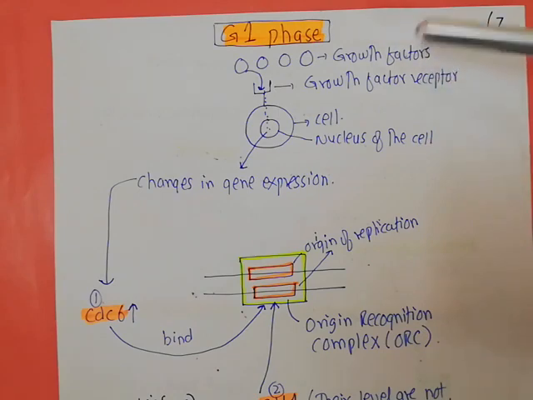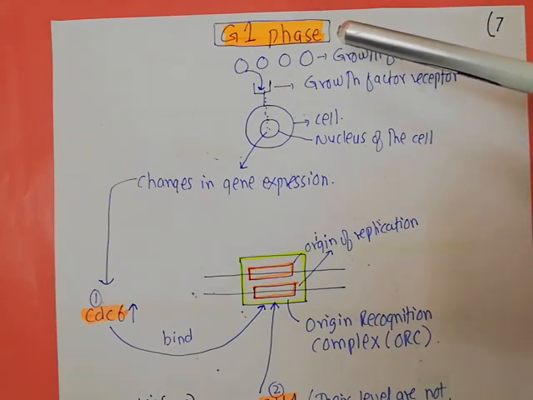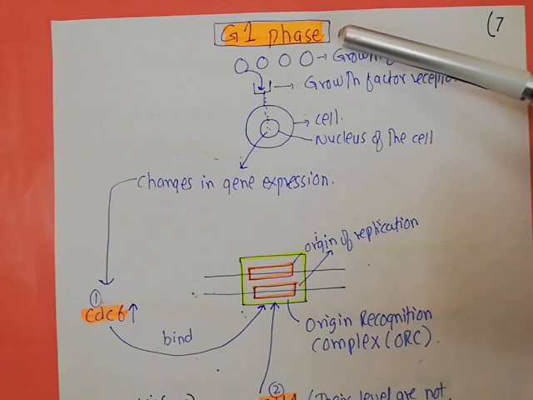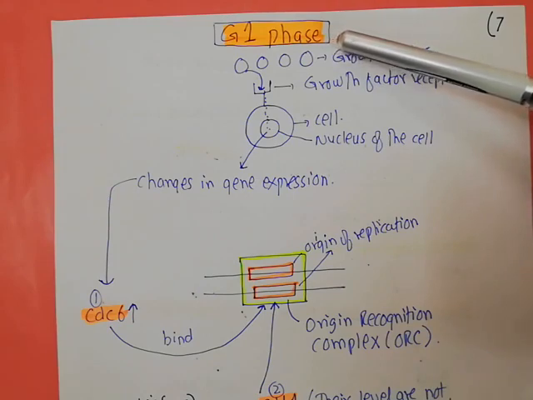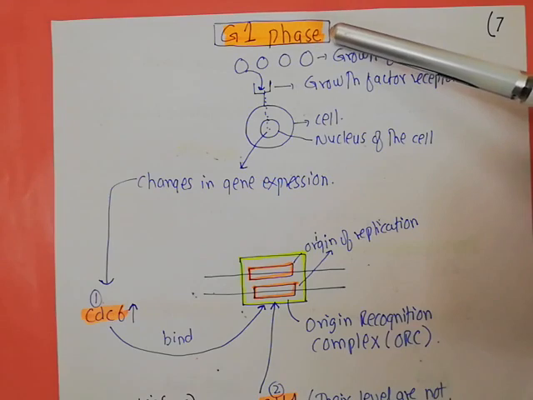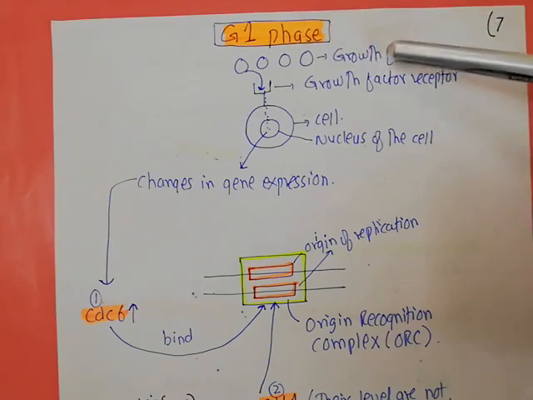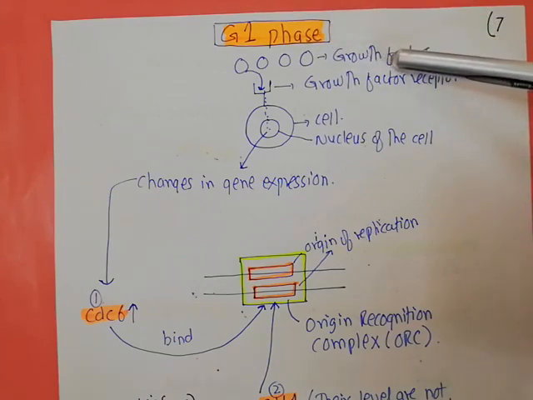Today we are going to specifically talk about the events that are happening in the G1 phase of the cell cycle. I've told you that the G1 phase is a decision-making phase of the cell cycle, and one of the important things that the G1 phase checks for is the availability of the growth factors.